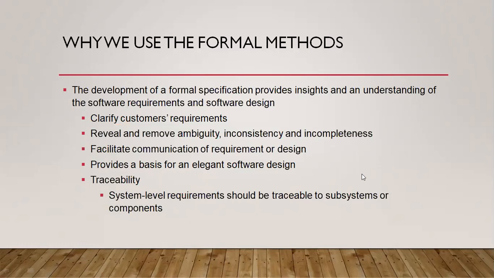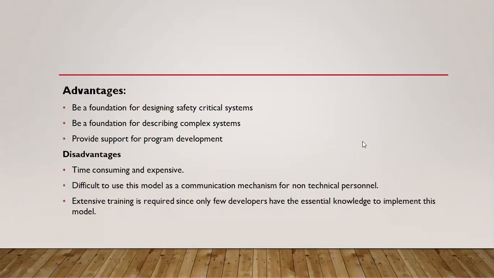If we move to the next slide, that is advantages and disadvantages of formal methods. Actually, the formal methods concept doesn't have any diagram. Why? Because these are mathematical and logical functions, which may be included in any conventional or classical software engineering process models.